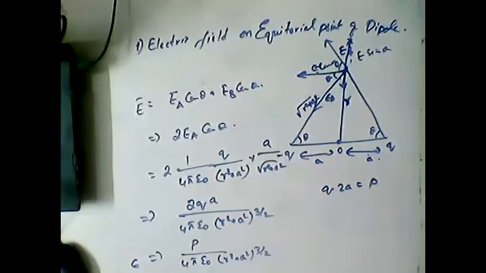This is the formula. Clear, guys? This is the final formula for the electric field on an equatorial point of a dipole. In textbooks or in your material, they have given another method which is lengthy and somewhat confusing, but this is a very simple and easy method compared to that one. Hope you all understood.